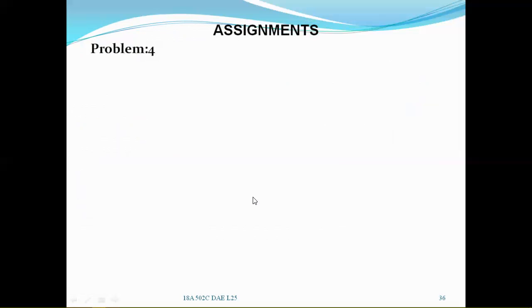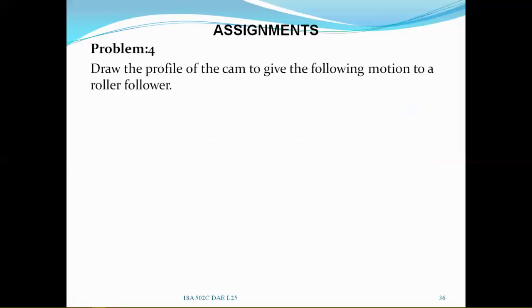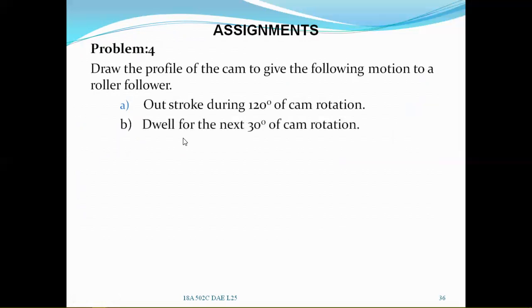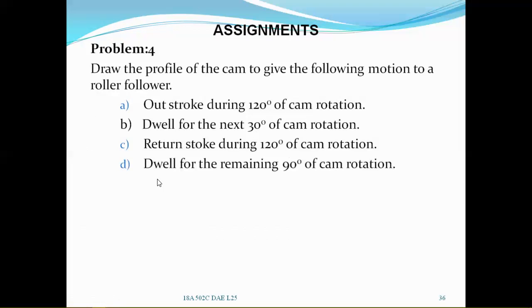And the last problem: draw the profile of a cam to give the following motion to a roller follower. Outstroke 120 degrees, dwell 30 degrees, return stroke 120 degrees, and dwell for the next 90 degrees.